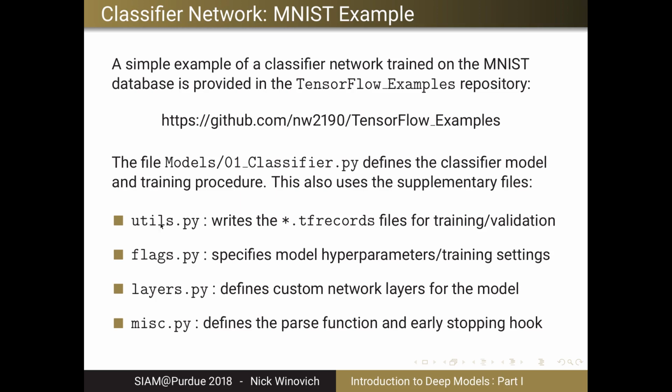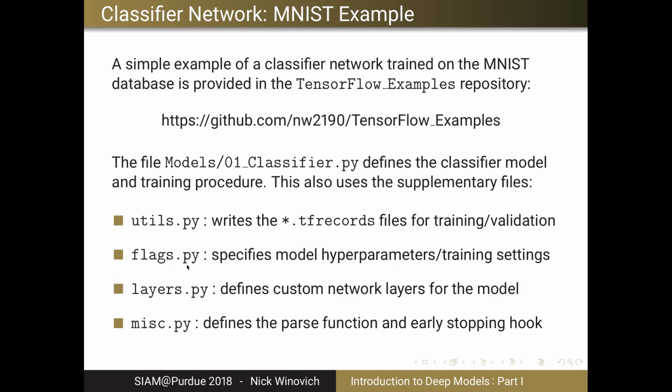There's a utilities file which we won't need to use, but this is used for writing those TF records files. So if you're interested in going through a step-by-step guide to writing a TF records file, this file on the GitHub repository shows you how to do that, or at least in the case of the MNIST data.